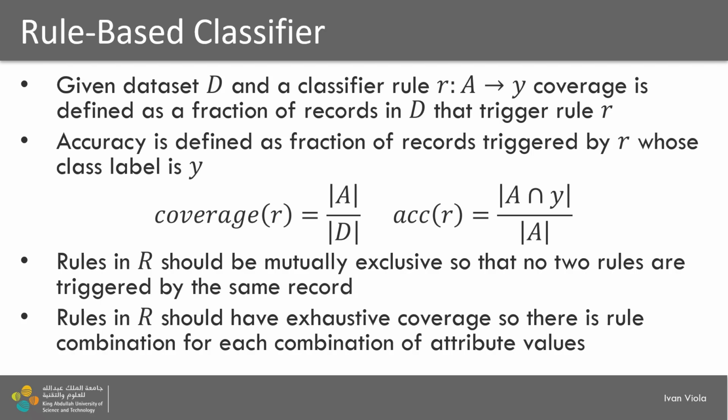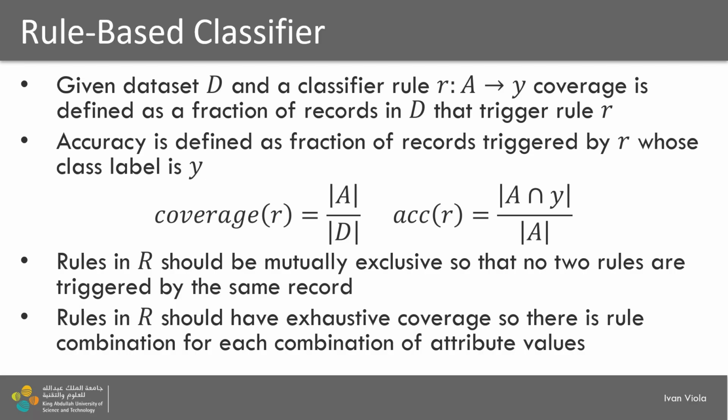For a certain set of records it might not work, but for some set of records, it might work quite well. So here we have the number of records which are subjected to the condition A and at the same time are part of the class Y, divided by all the records which are covered by this condition A.